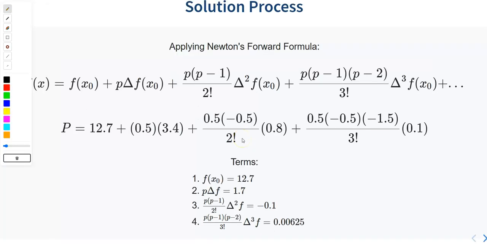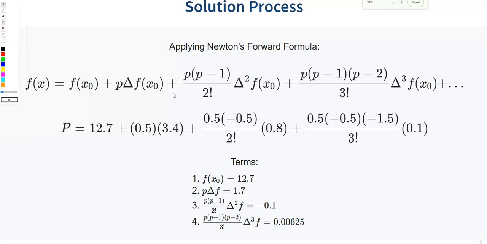So f of x is f of x0 plus p del f of x0, plus p into p minus 1 by factorial 2 del square f of x0, plus p into p minus 1 into p minus 2 by factorial 3 del cube f of x0, plus so on. Now f of x0 is 12.7, p is 0.5, and del f is 3.4.